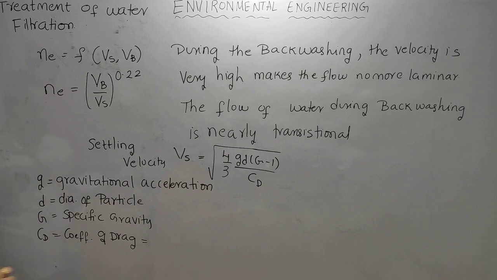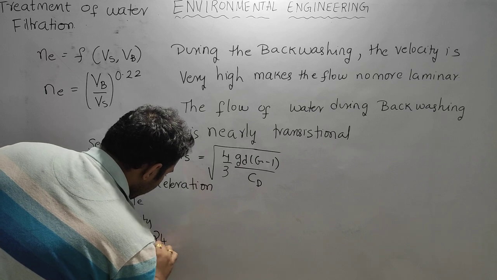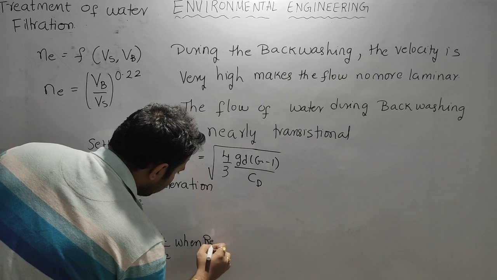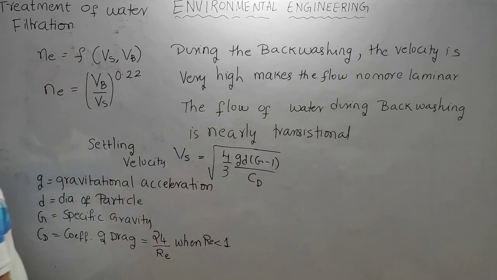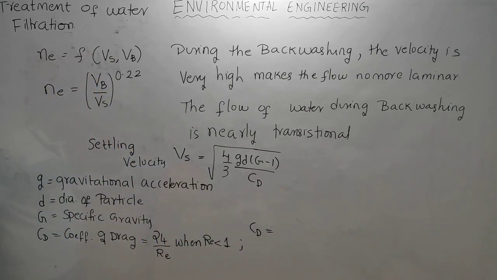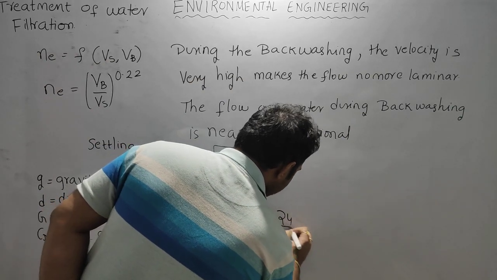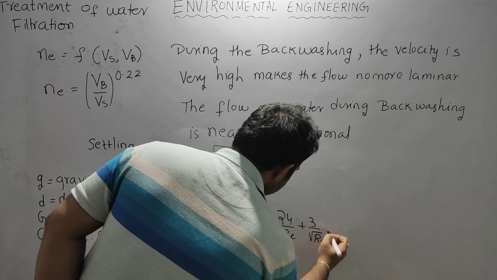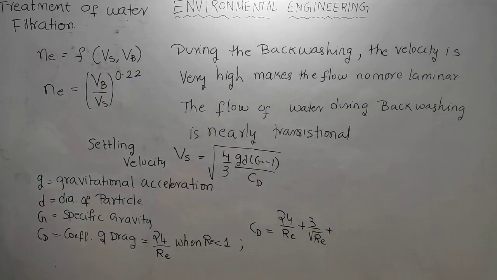Generally for laminar flow, when Re is less than 1, we don't take this here. For transitional flow, Cd is equal to 24 by Re plus 3 by square root of Re plus 0.34, when Re is greater than 1.